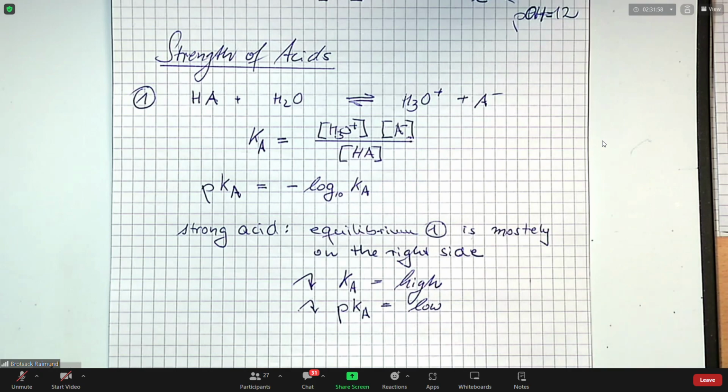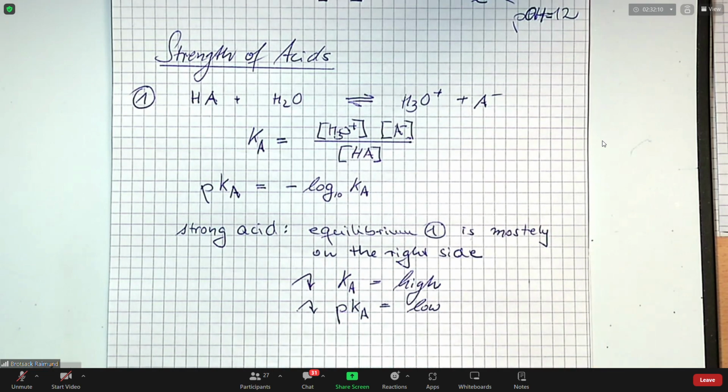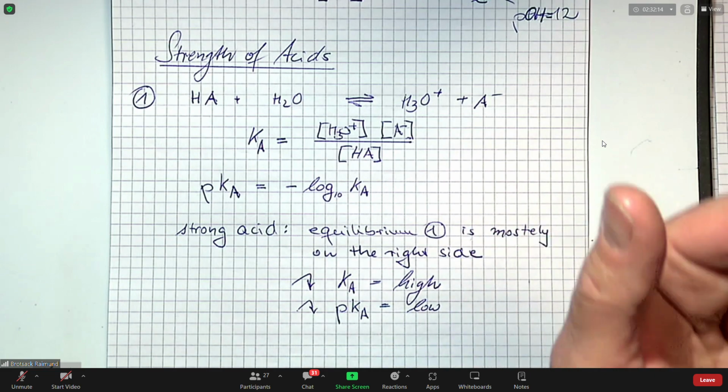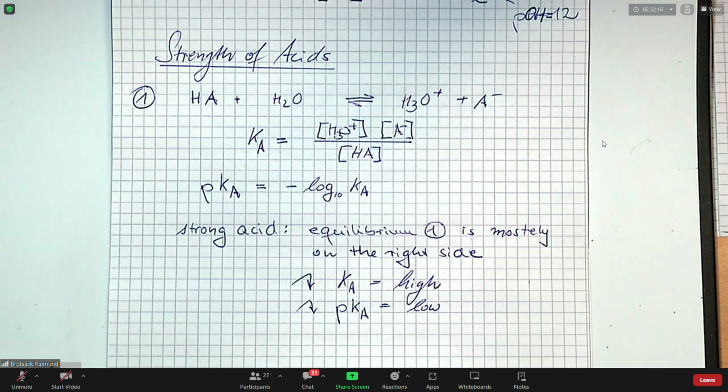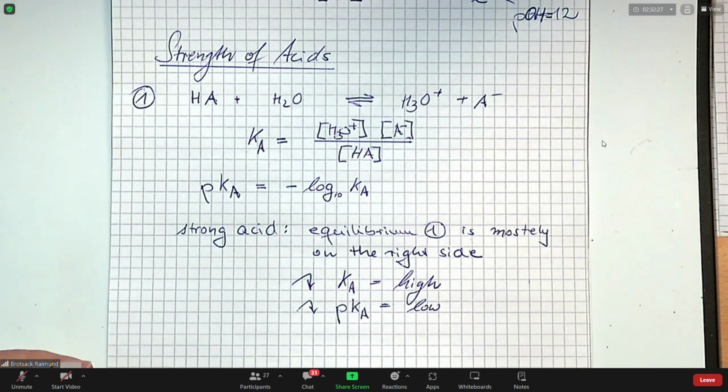You can look it up in tables, what the strength of different acids is, and you will get Ka or pKa, sometimes maybe even both. But then you have to evaluate: is it strong or not? So the pKa value defines the acidity of an acid.